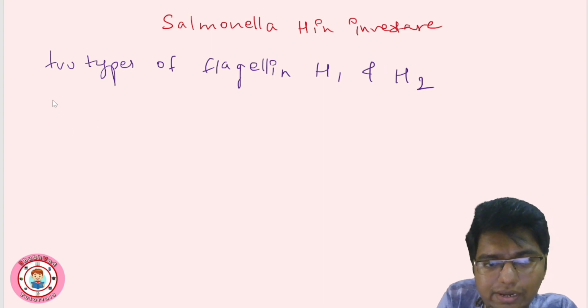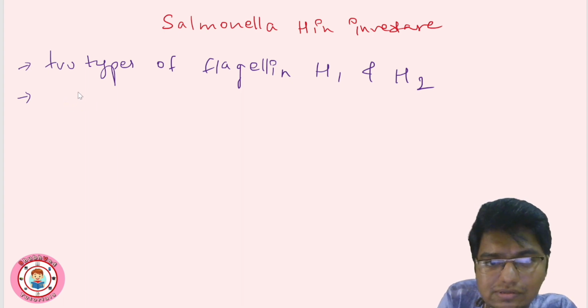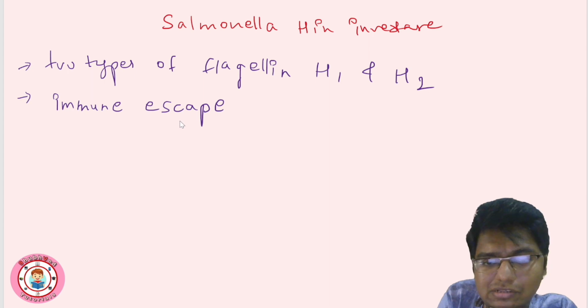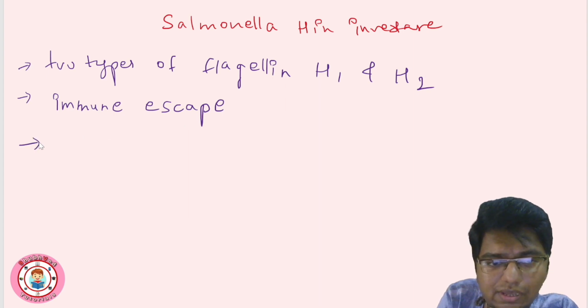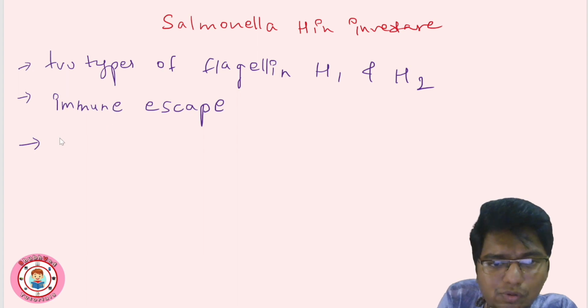This benefits the bacteria because the bacteria is not recognized by the immune system, so immune escape basically takes place. Immune escape means the immune system does not recognize the flagella. So why is this done in Salmonella?